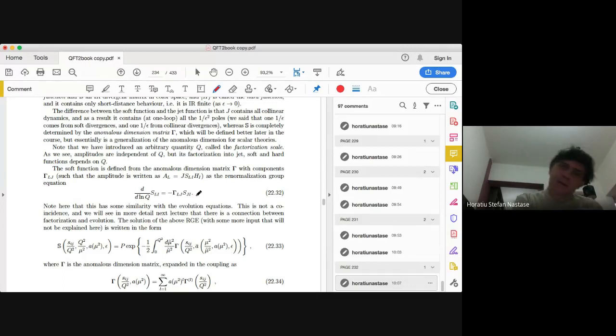This is a generalization of the anomalous dimension of scalar theories, in which we didn't have a matrix, so we just have d/d log of a scale equal to minus gamma times this function.